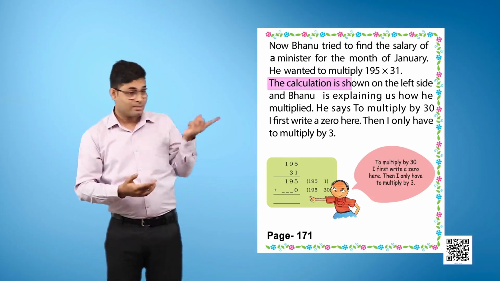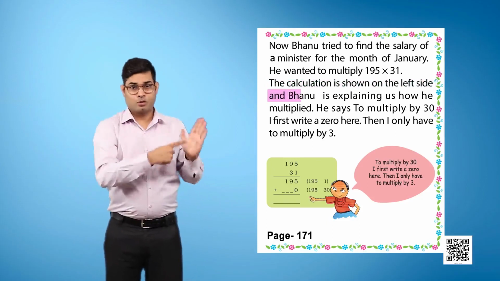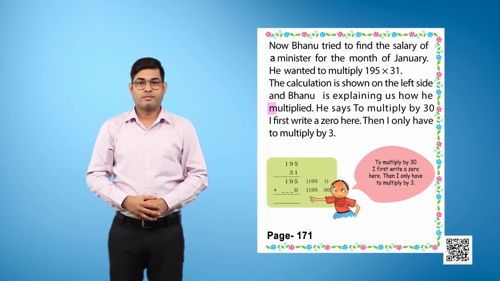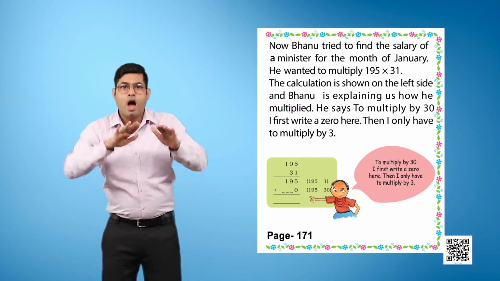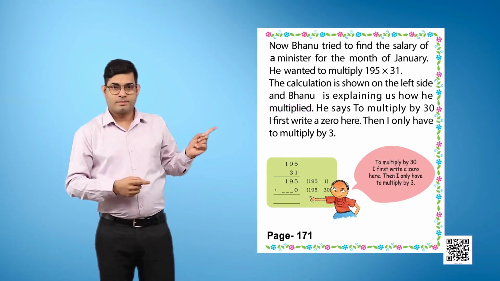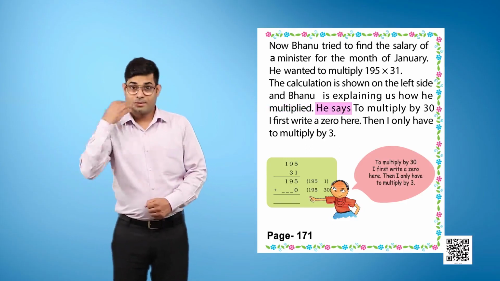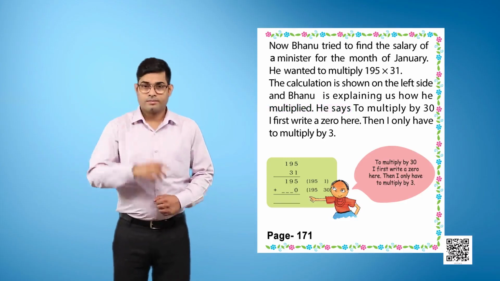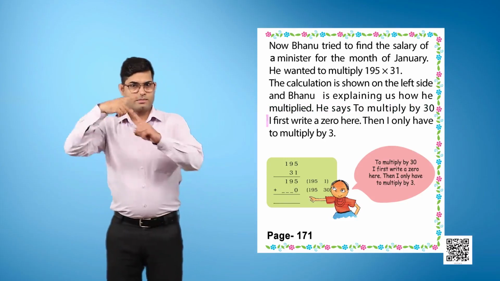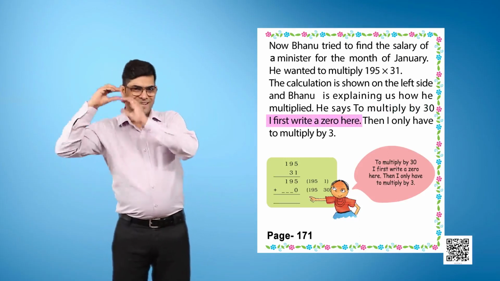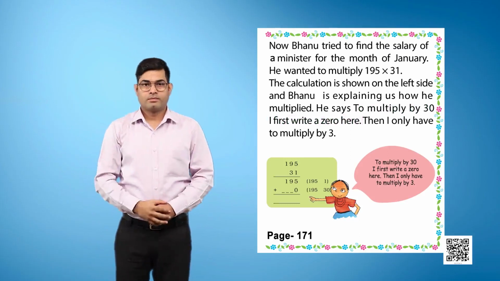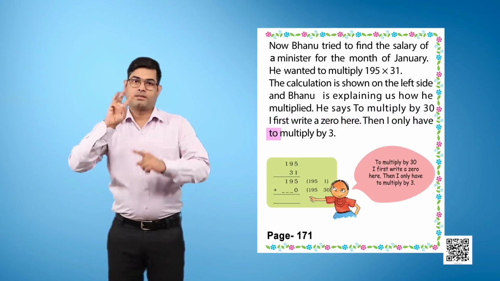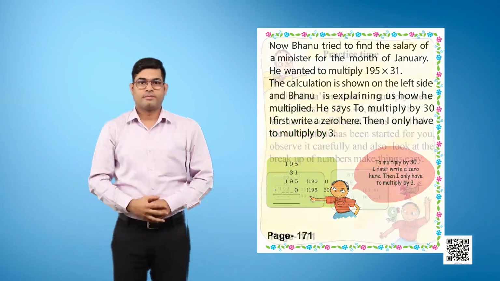The calculation is shown on the left side and Bhanu is explaining to us how he multiplied. He says, to multiply by 30, I first write a 0 here. Then I only have to multiply by 3.